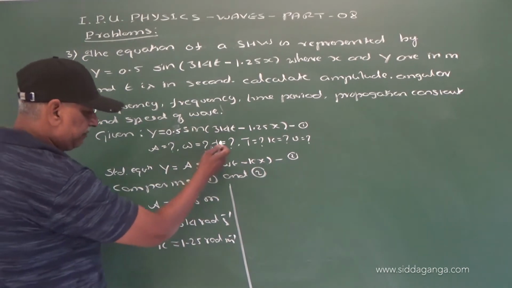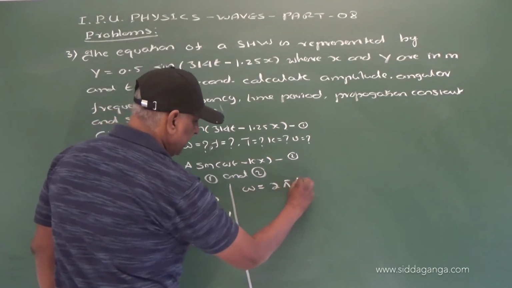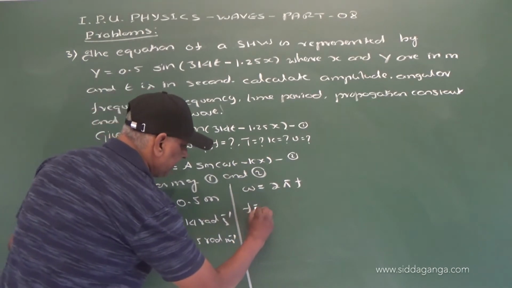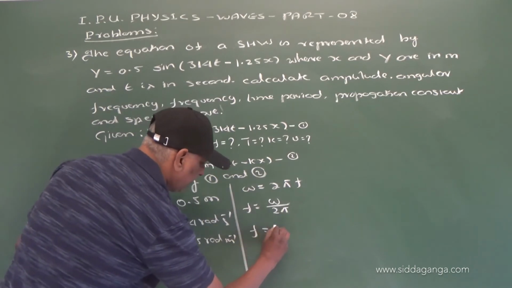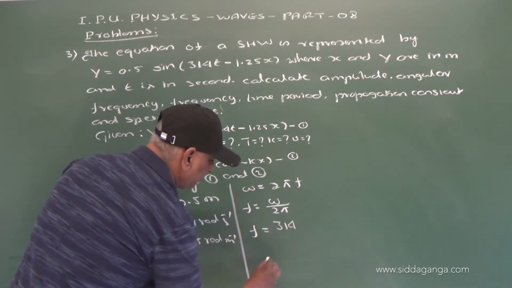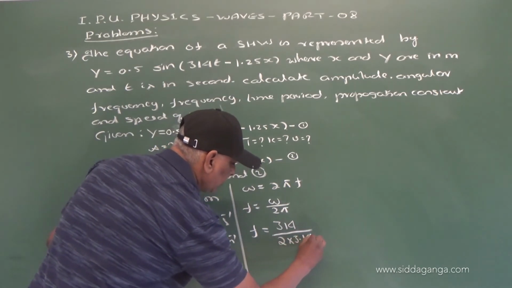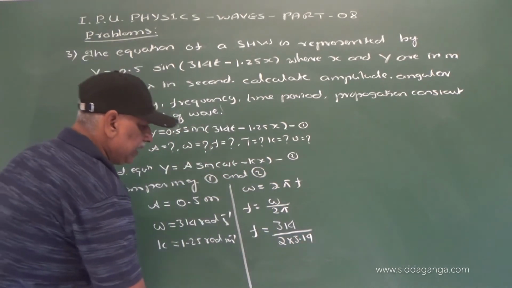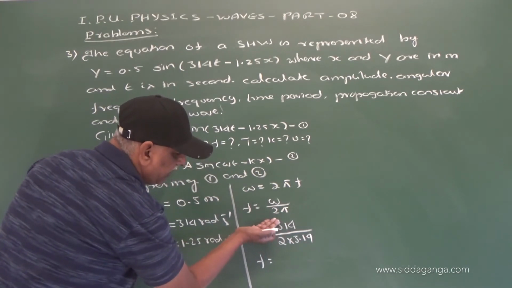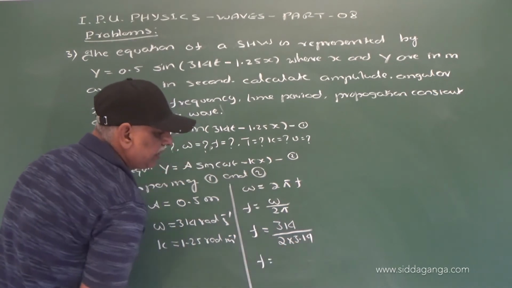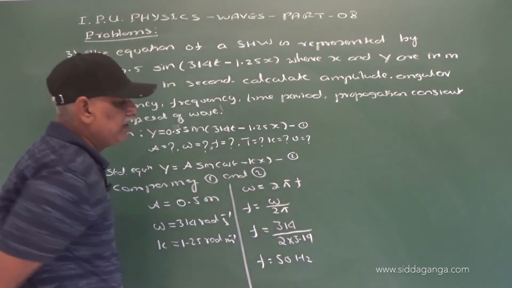Now to find the frequency, we have omega is equal to 2 pi f, or f is equal to omega by 2 pi. So f is equal to 314 divided by 2 into 3.14. When 314 divided by 3.14, we get 100. 100 by 2 comes out to be 50 hertz.